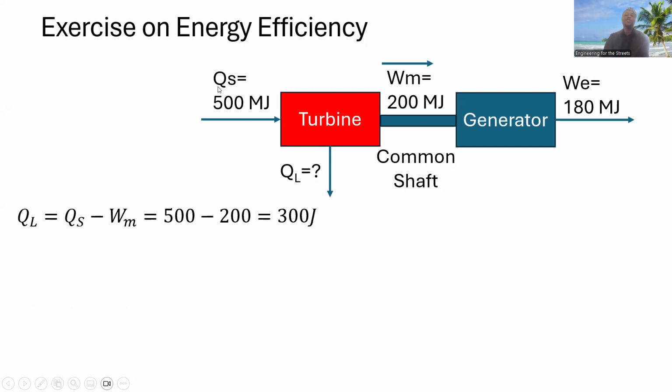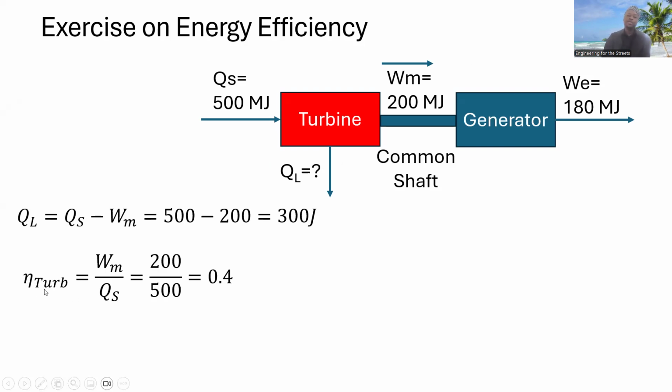So if QS equals QL plus WM, that means QL becomes QS minus WM, as you see here. So 500 minus 200 gives you 300 megajoules. So here we have 300 megajoules.